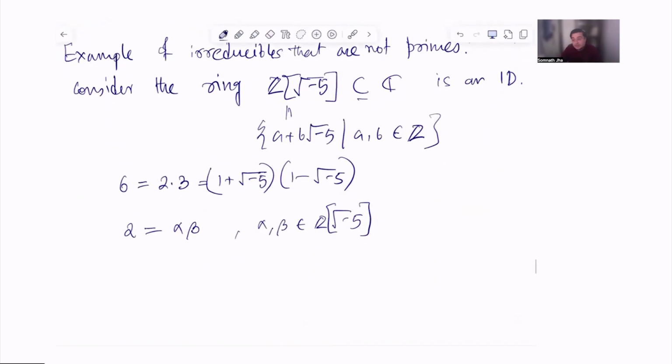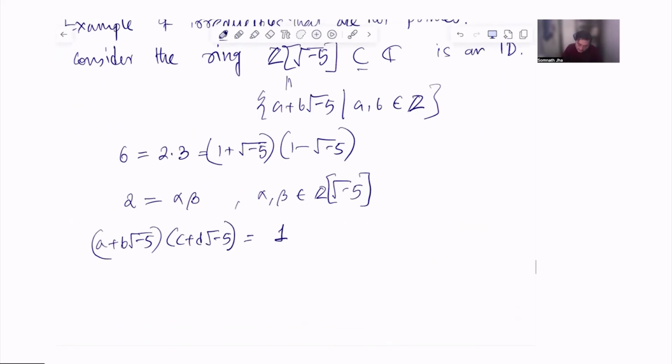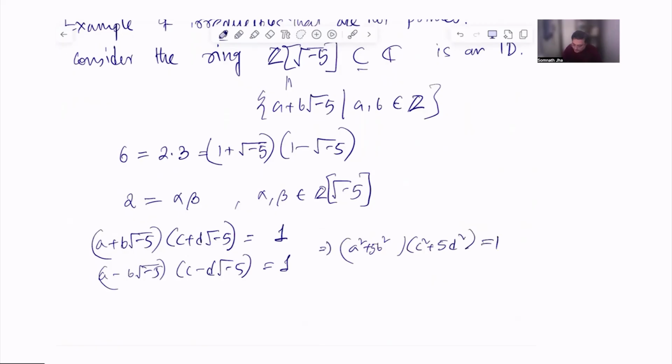So what are the units in Z[root minus 5]? Let's say (a plus b root minus 5) times (c plus d root minus 5) equals 1. Then I can take conjugates on both sides. So I get (a minus b root minus 5) times (c minus d root minus 5), which is also equal to 1. Together we get (a squared plus 5b squared) times (c squared plus 5d squared) equal to 1.